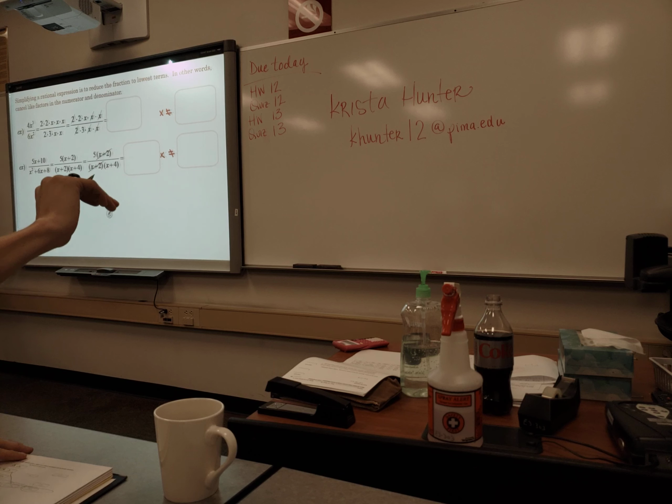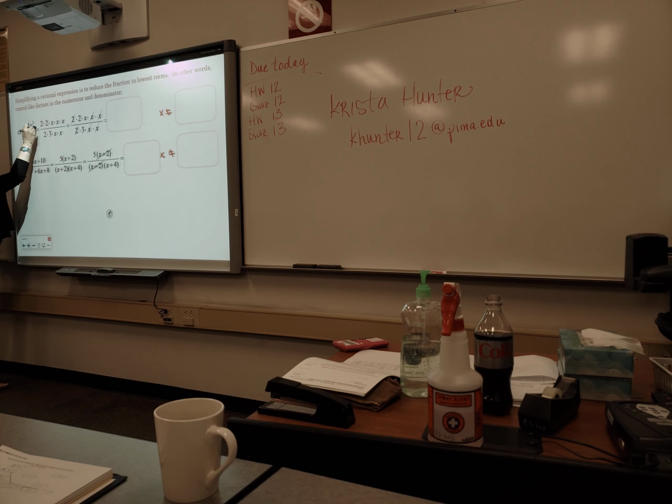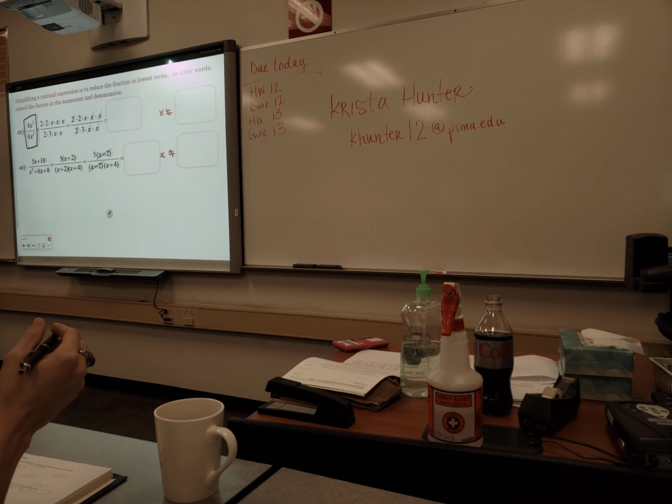So we got a rational expression right here. I know there's a lot of noise, but this is what we're given. So we're going to simplify it. And simplifying means we're going to pull out everything that's the same from the top and the bottom. Whatever is identical from the top and the bottom, we're going to cancel it out. Cancel out.